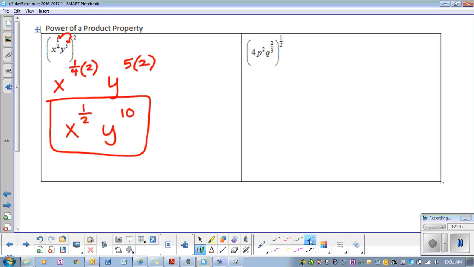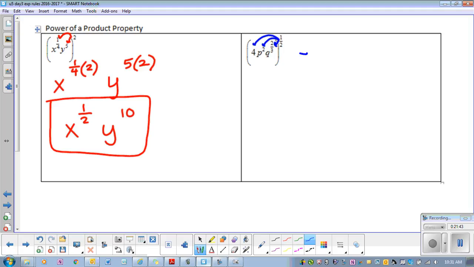I see there is 4 times p squared times q to the 2/3 power, and now you have all of that to the 1/2 power. So that's Oprah, right? You get a 1/2 power, and you get a 1/2 power, and that one gets a 1/2 power.